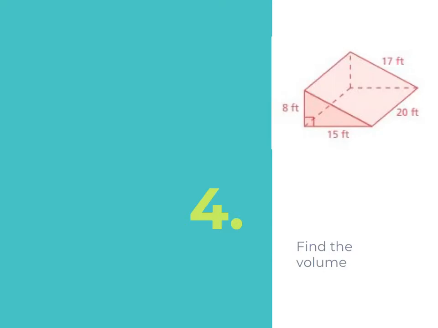Okay, so here is our next big battle. So our formula is big B times H, the height of the entire prism. Okay, so how do we find the area of this base? Well, looking at the base, I can see that it's a triangle. So if I go back to my formulas from the beginning, I know that's 1/2 base times height.